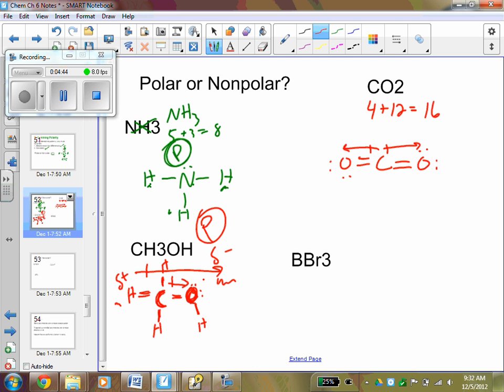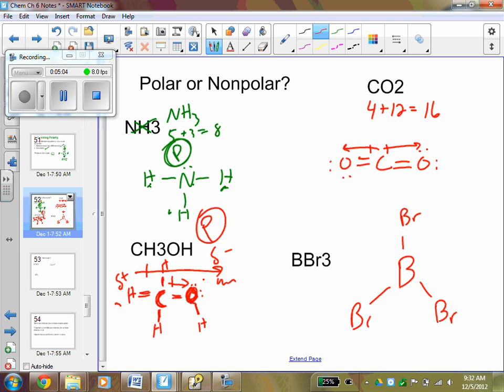All right, BBr3. If I take a look at BBr3, I end up with this. This looks to me like it has no lone pairs around the central boron. This to me looks like it's going to be a trigonal planar molecule.